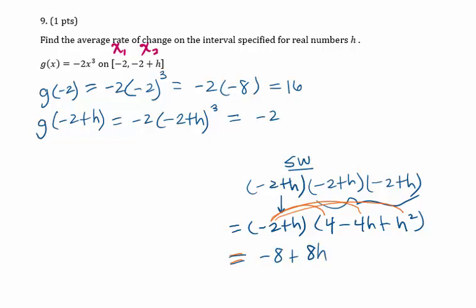Negative 2 times h squared, so minus 2h squared. And then do the same thing with the h. So plus 4h minus 4h squared plus h cubed.